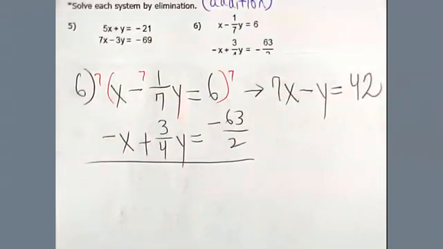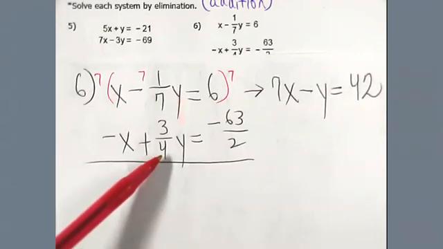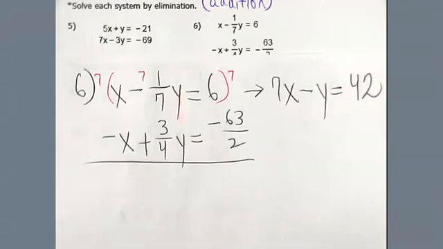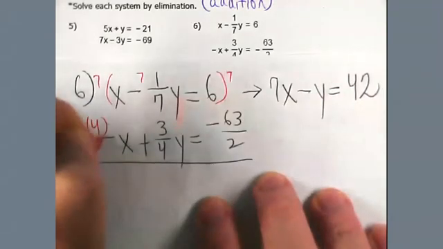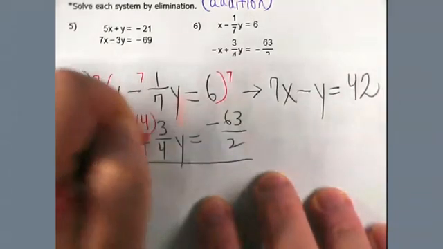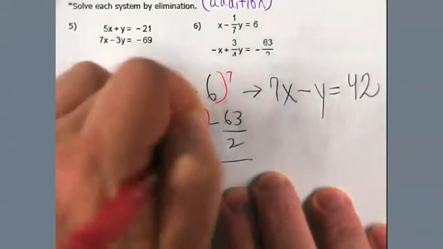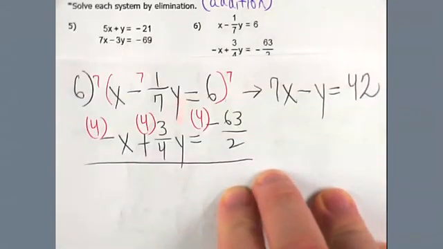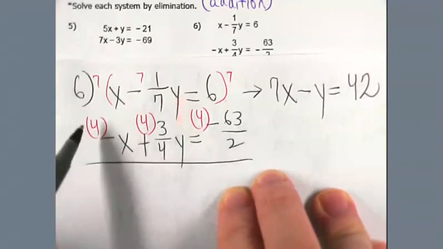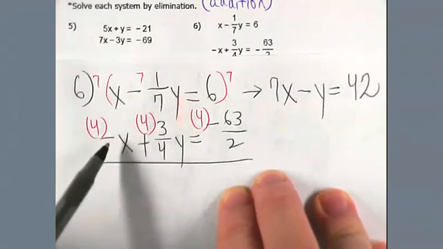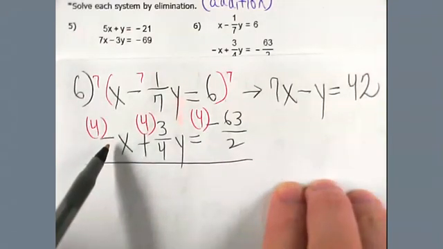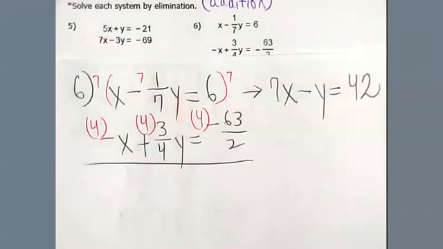Now, to eliminate the fractions in the second equation, first we find the common denominator. So the common denominator would be 4. So we'll multiply everything by 4 in the second equation. So right here, 4 times negative x will give you negative 4x.